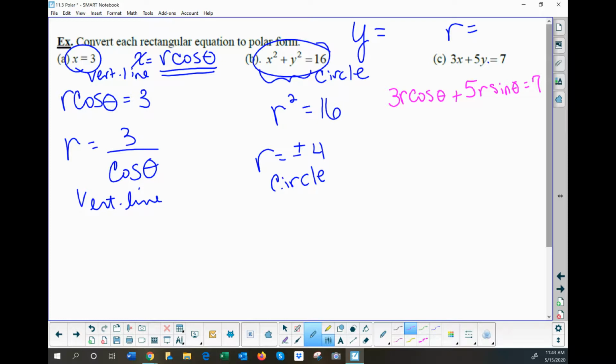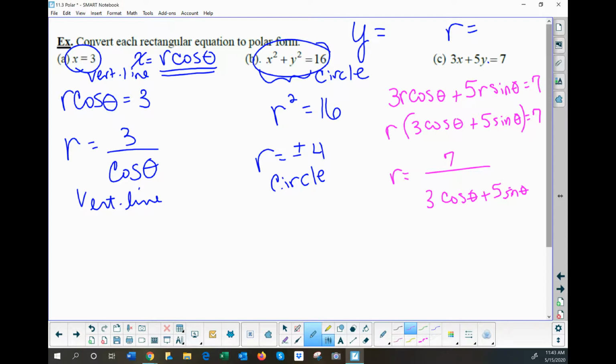A GCF of r, so let's do r times 3 cosine theta plus 5 sine theta. Remember, as you're doing these, you really just want to get r on one side, theta on the other. So we're just going to do a cheesy division here and achieve our goal of having r on one side, theta on the other.